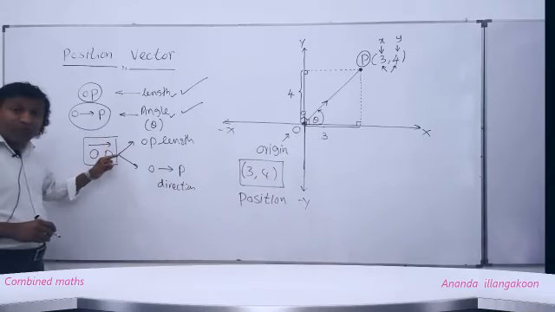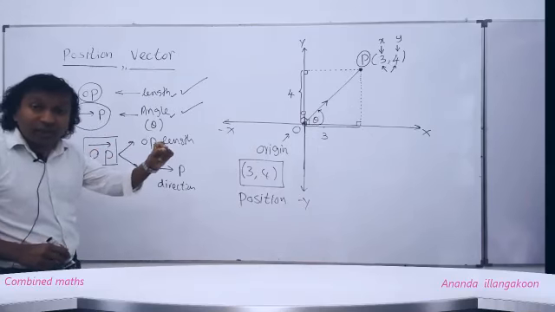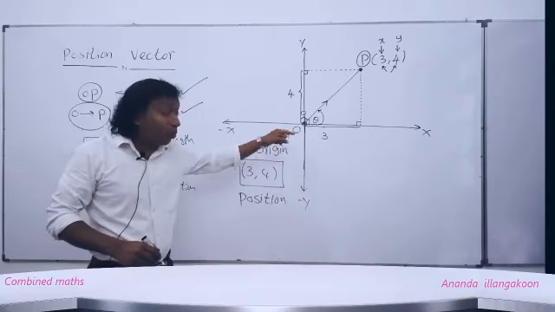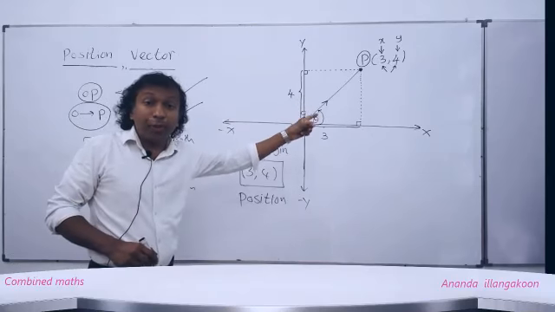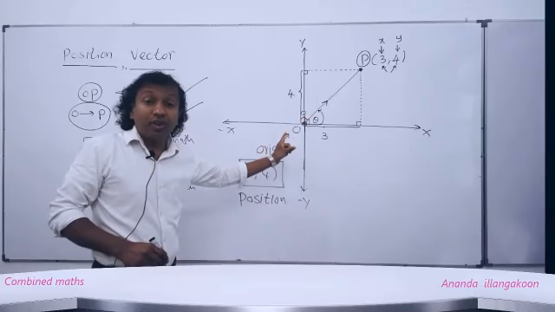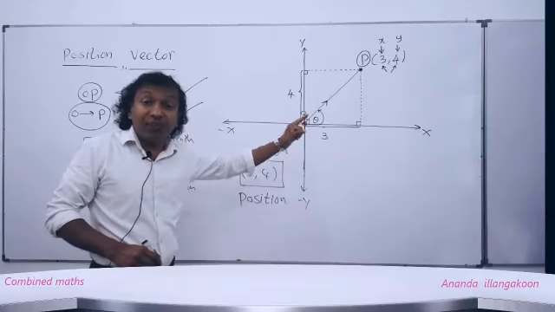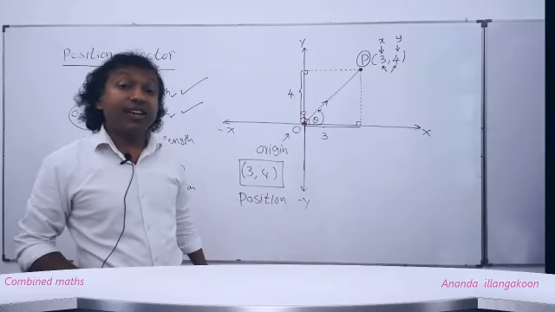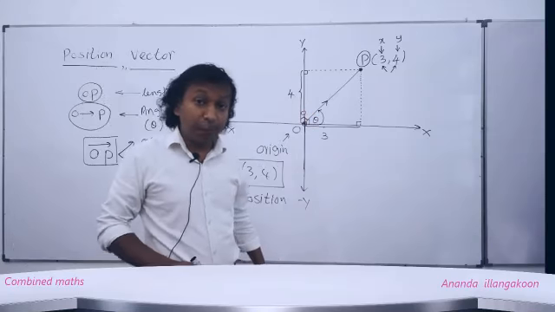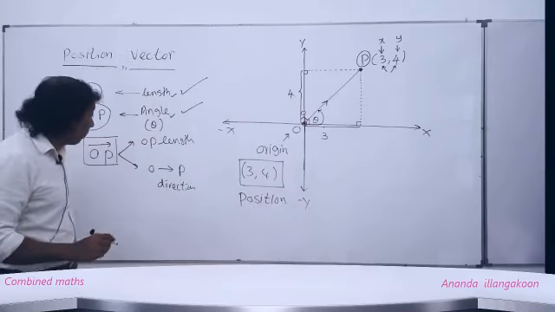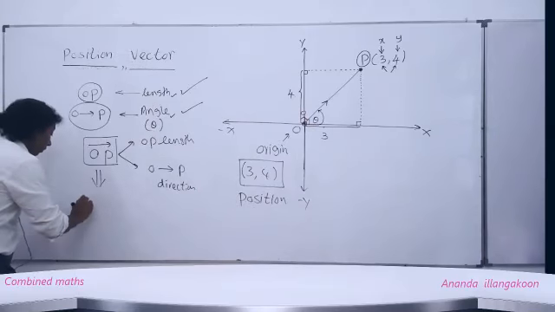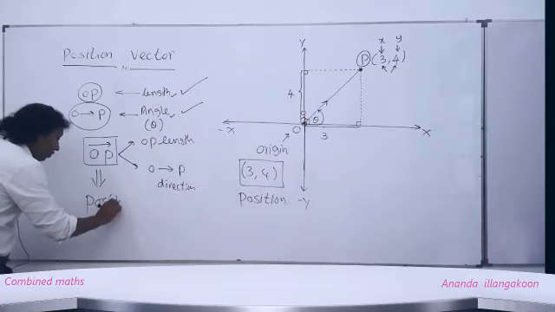Since it can clearly explain the location of point P relative to O, because both the direction and the length to the point P are measured from the point O, therefore the OP vector explains the position of the point P. Therefore, this OP vector is called the position vector of the point P.